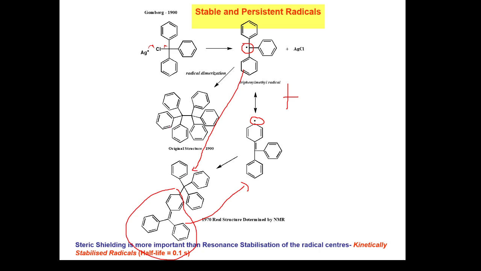This has way too much steric hindrance, even though we have resonance stability. It doesn't even happen. There's too much steric hindrance there, and the steric hindrance takes precedent over the resonance stability of the phenyl rings.